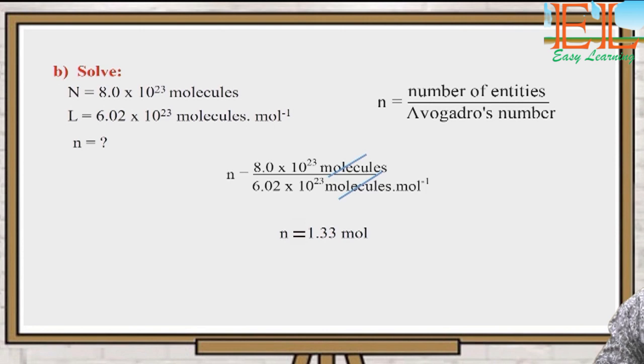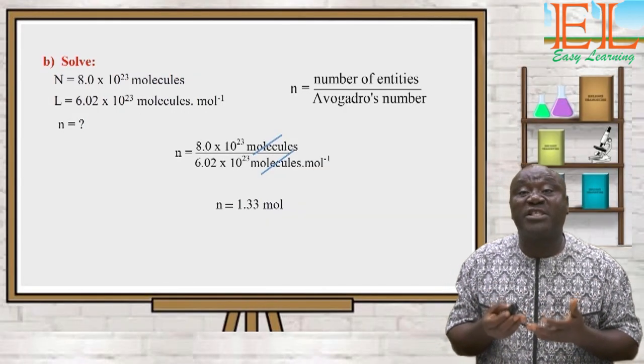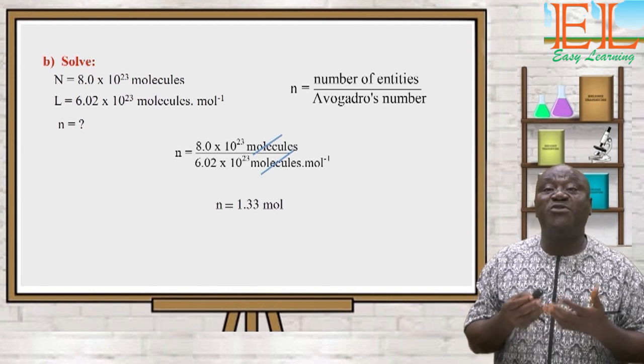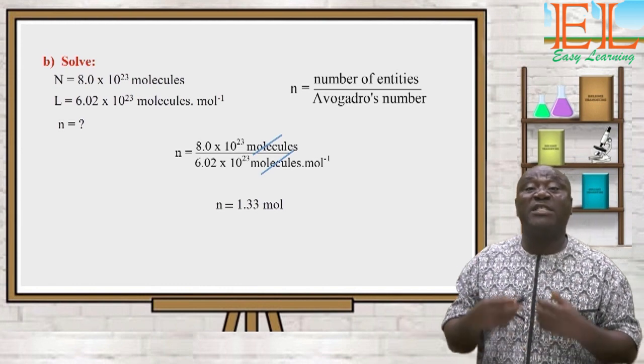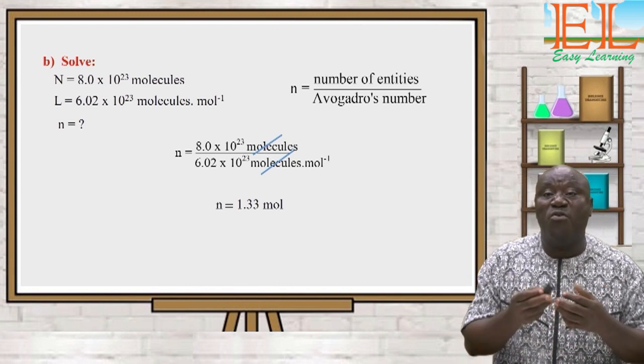Now when we cancel the molecules, then we will be left with 1 over per mole. And in maths, if you have 2 fractions dividing, we usually write the denominator as multiplicative inverse, and that is how we arrived at the mole.